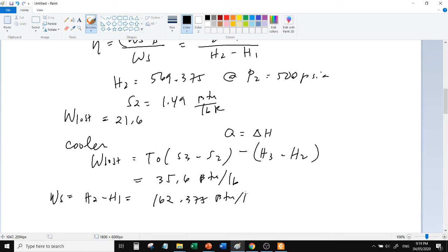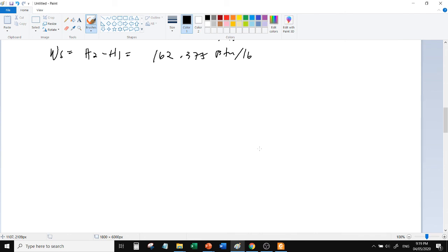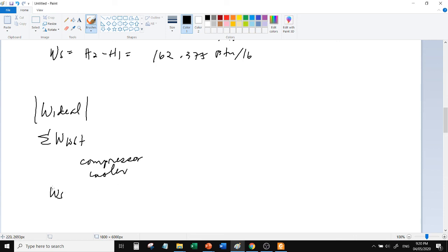BTU per pound. So, now we make a table for a work-requiring process. The ideal work is on top. And then, the summation of work loss, we have for the compressor and we have for the cooler. Then, at the bottom is the work shaft. And this is the total.